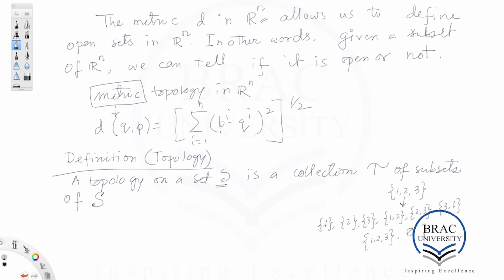The set of all possible subsets, we know from set theory, is called the power set of the given set. So tau is something like this, which is a collection of subsets of the given set. Okay, all right. So now we move on.